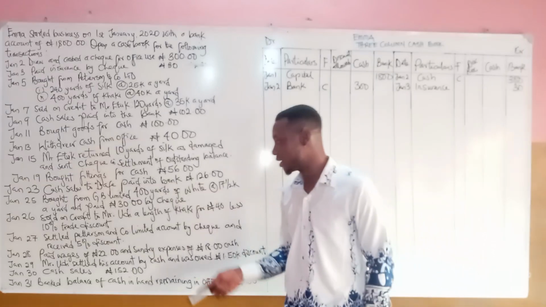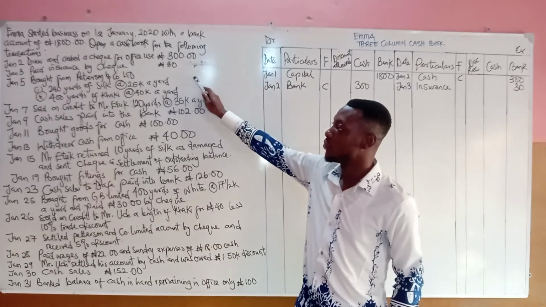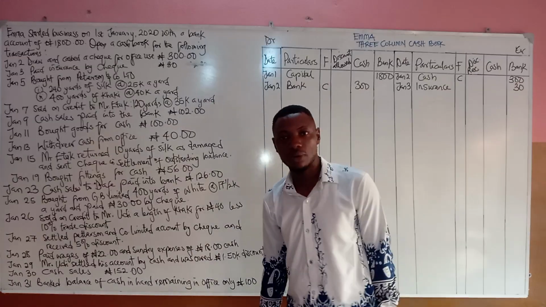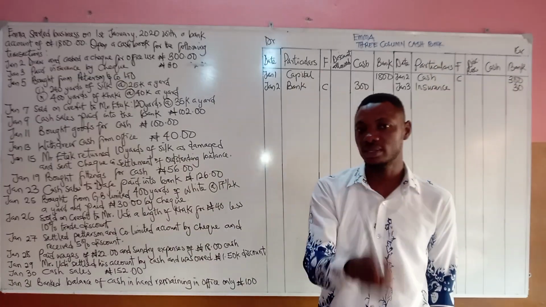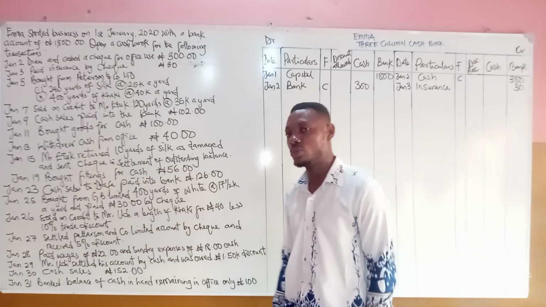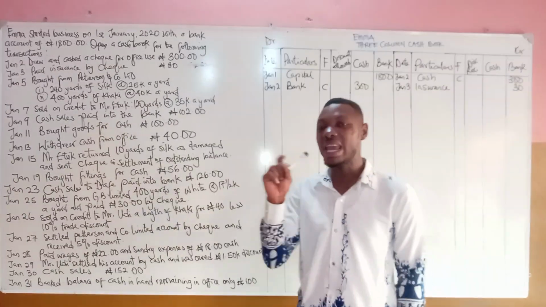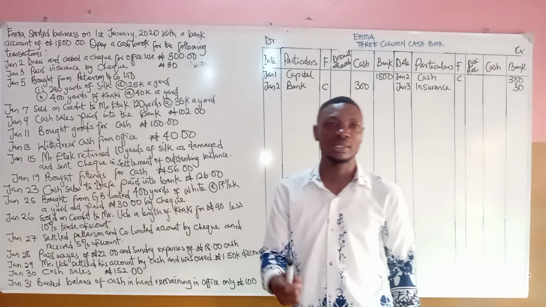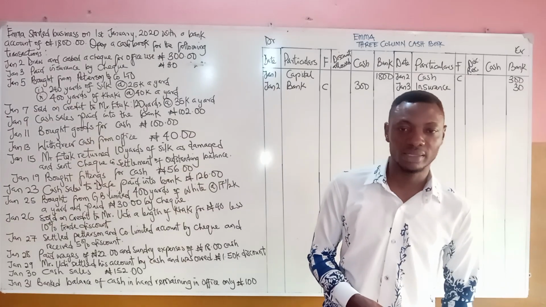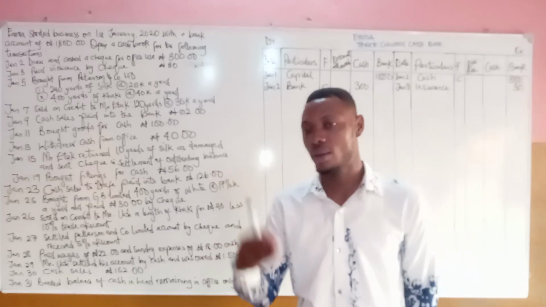Everything is very important. So looking at this now, ordinarily January 5, you can record it under the purchase day book. Remember I told you that every credit transaction goes into the purchase day book if you are buying, and if you are selling and you sold on credit, it will go to the sales day book.